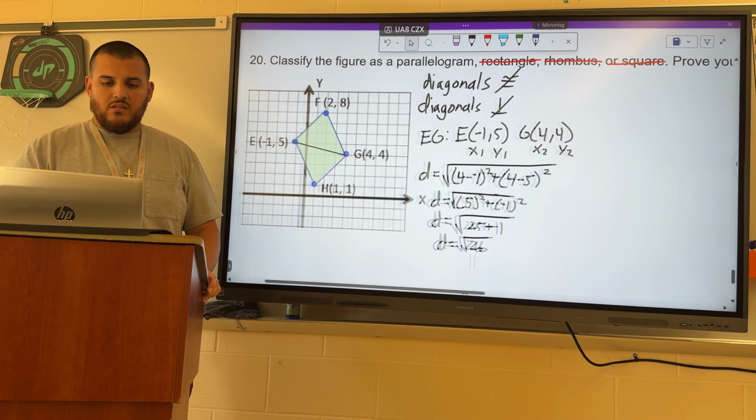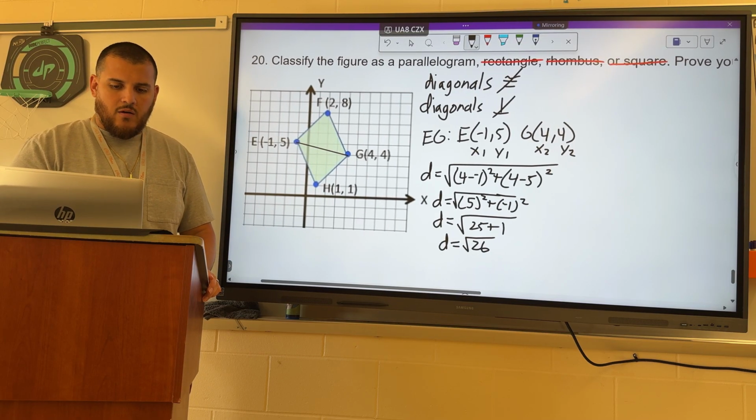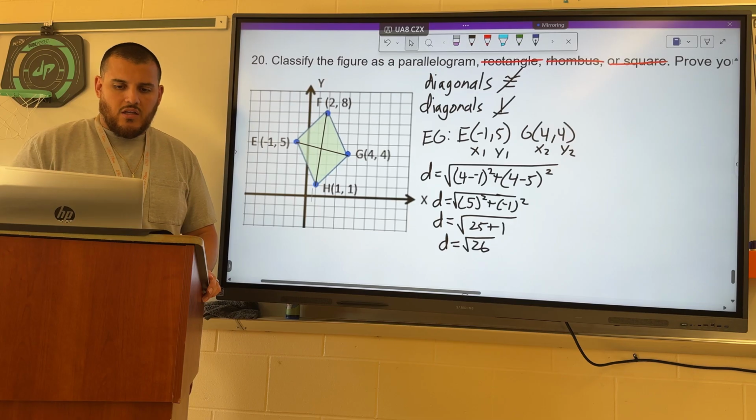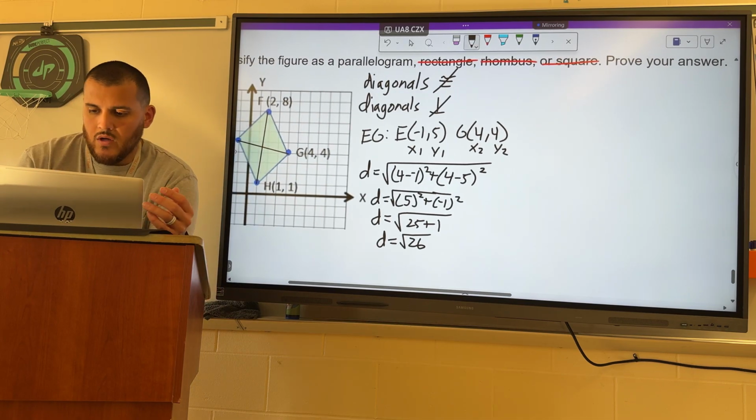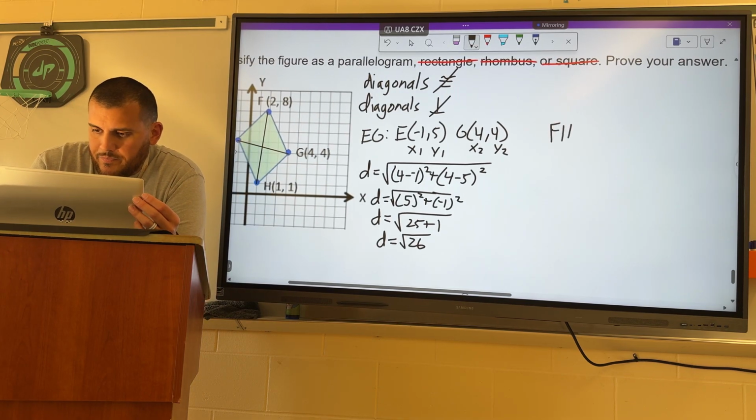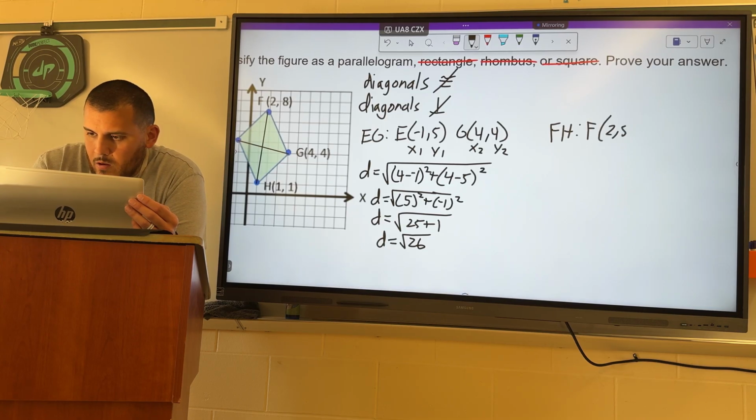So let's see. We're going to do FH now. I'm going to move to the side, try to keep everything on screen here for you. So we got FH now. Point F is located at 2, 8. Point H is located at 1, 1. And we're going to label, and we're going to plug into our distance formula.